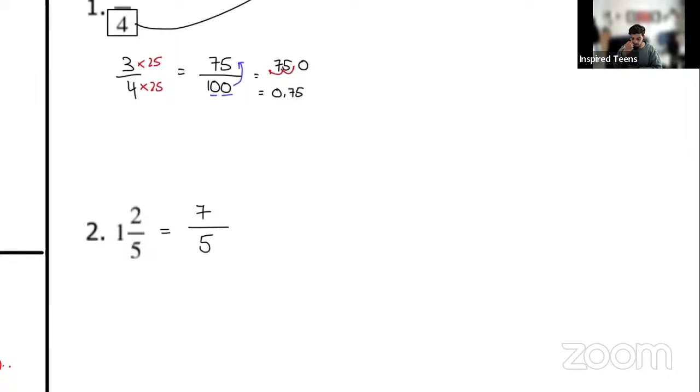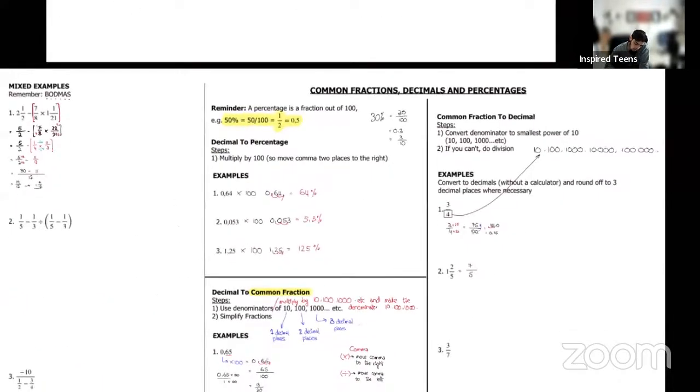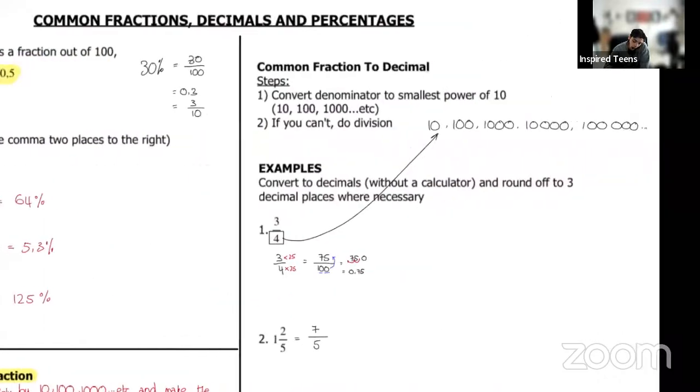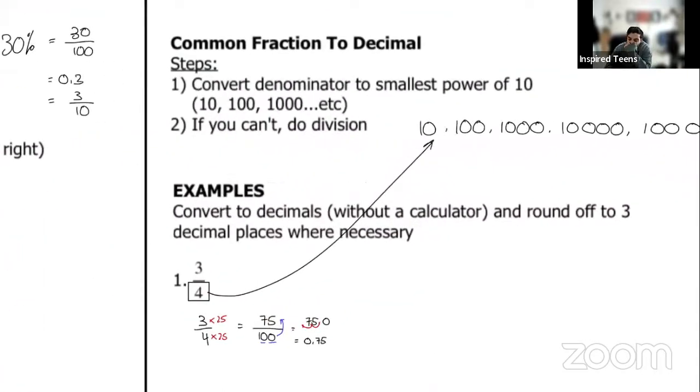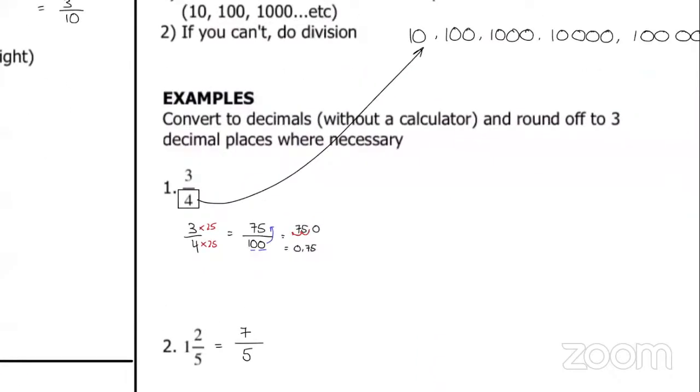Now that I have it like this, I need to convert it to a decimal. How do I do that? I need to get to the smallest power of 10. So what is the smallest power of 10 that 5 can go into? Any ideas? 10, very good.